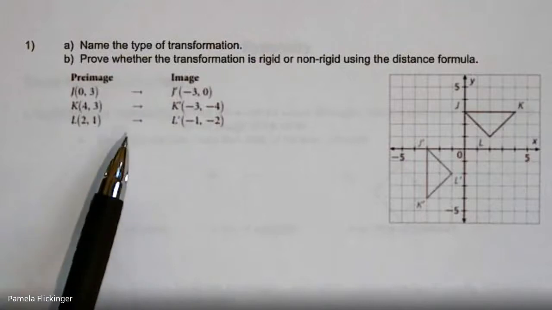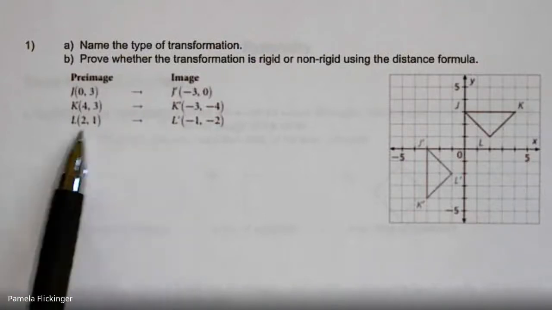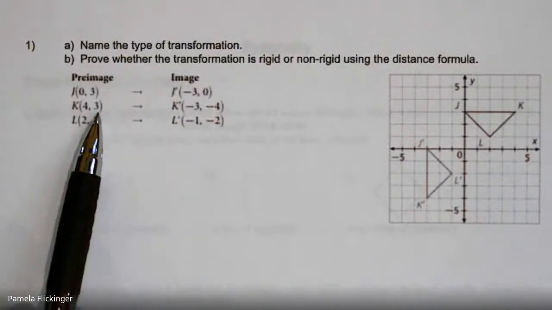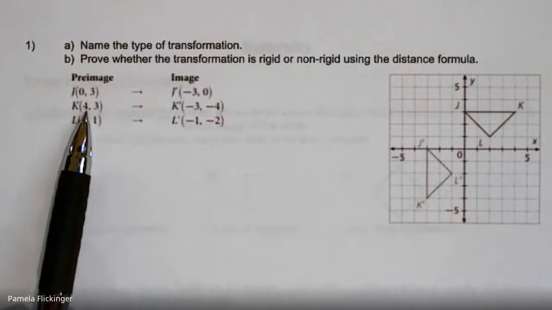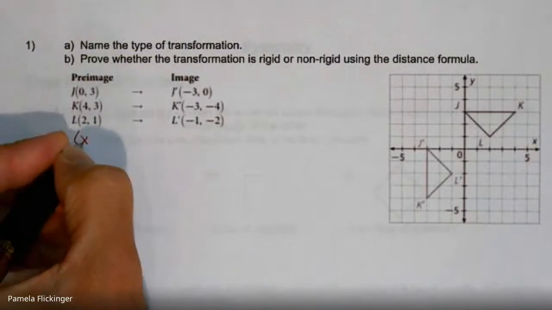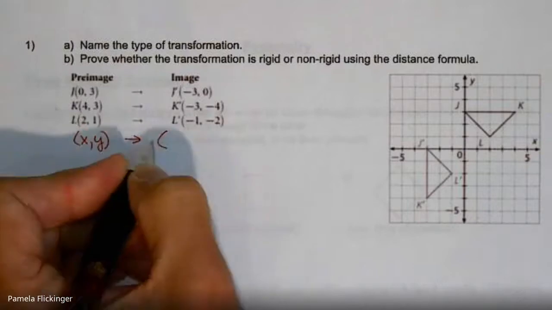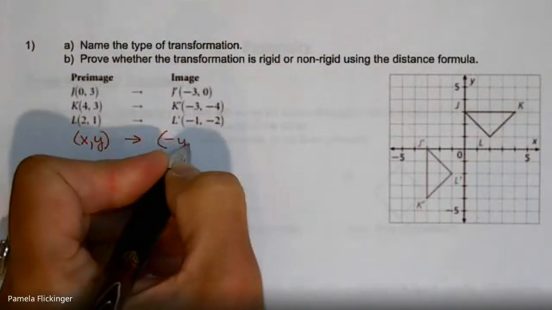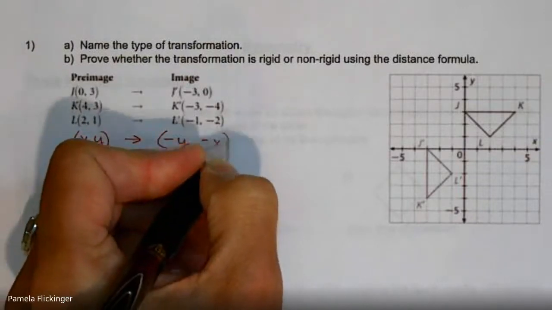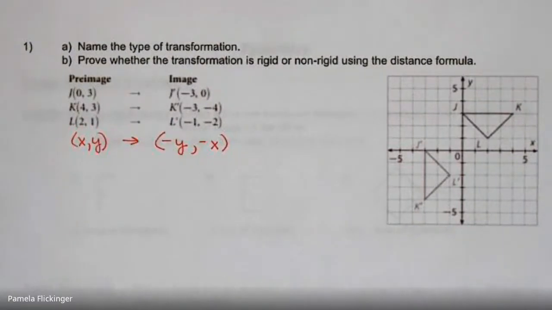But if we look at K and K prime and L prime, we'll see not only was the y made the opposite and switched, so was the x. So if we look at our rule, any ordered pair, what was happening was the y was made negative and moved front, the x was made, I should say the opposite, not negative, and moved to the back.